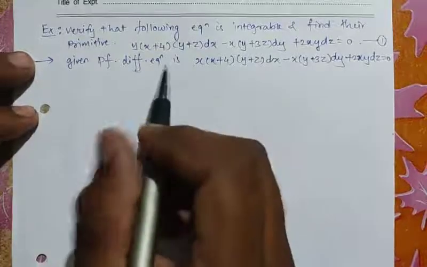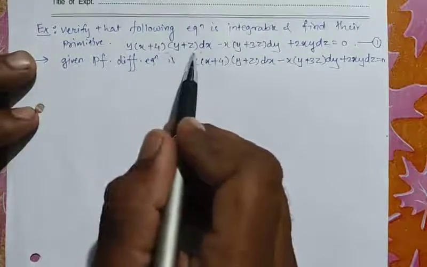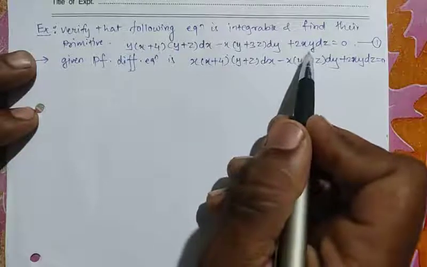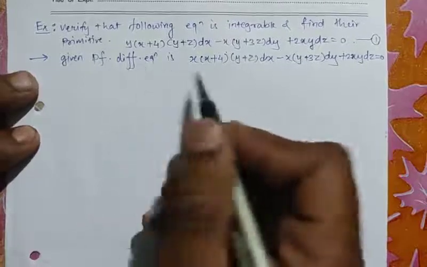The given Pfaff differential equation is y(x + 4)(y + z) dx − x(y + 3z) dy + 2xy dz = 0. So this is the given Pfaff differential equation.